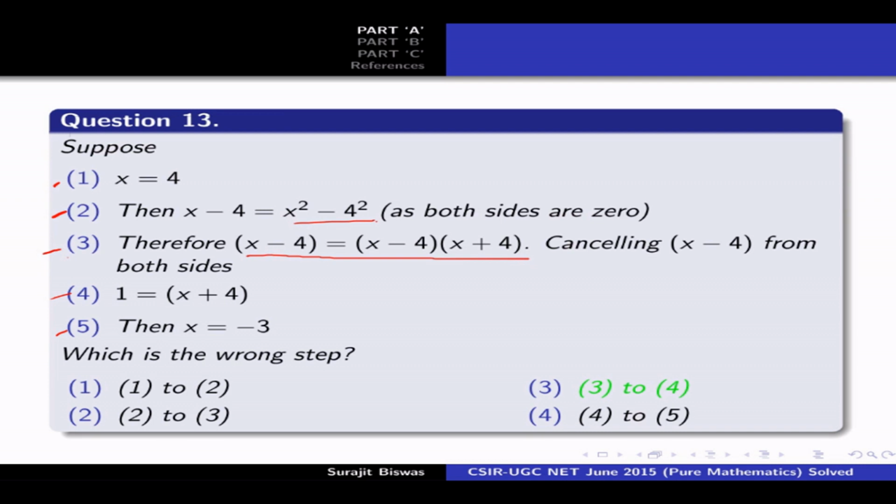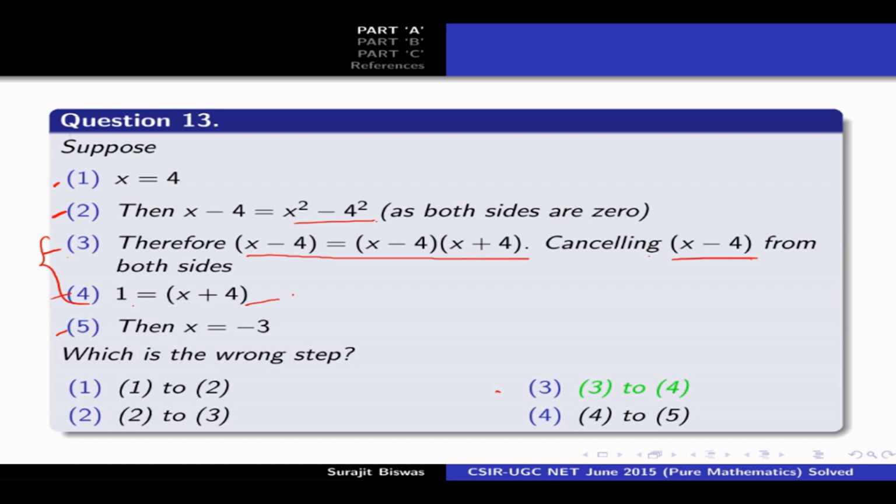But now we want to cancel x minus 4, and when can we cancel something? We can cancel something if it is non-zero, but we started with x equal to 4, so x minus 4 is zero, so we cannot cancel to get 1 equal to x plus 4. So definitely this step, 3 implies 4, is wrong, so the correct option is option 3.